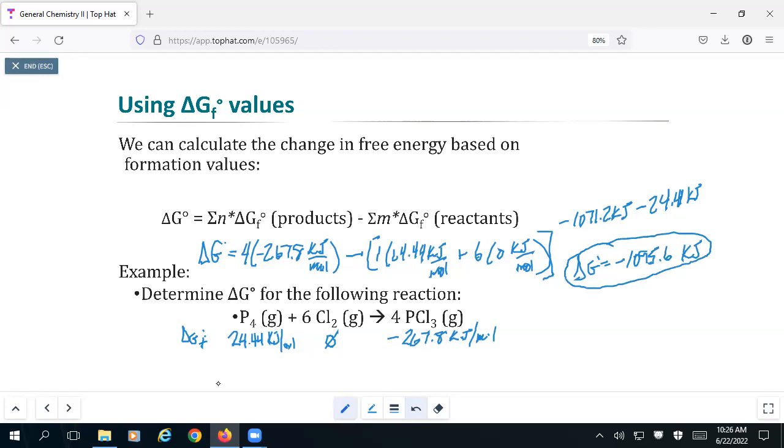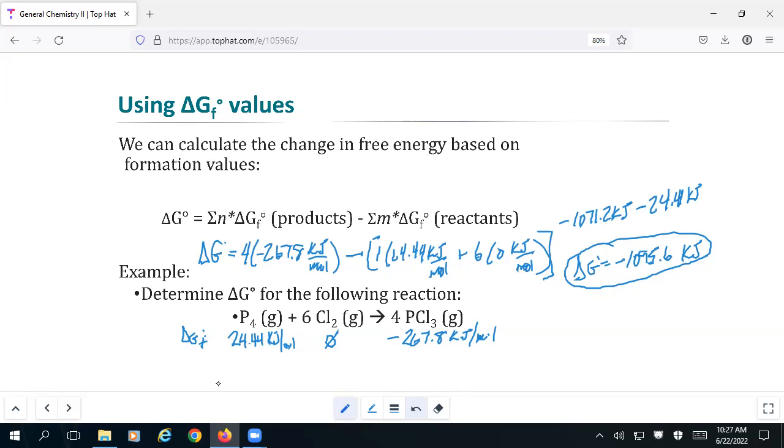So obviously this is a spontaneous process. There's really no doubt about it. Gives off a ton of energy when it reacts. Now, one thing to keep in mind, just to kind of reinforce, just because we have a really high negative value of delta G says nothing about its reaction speed. You got to keep thermodynamics and kinetics separate from each other.